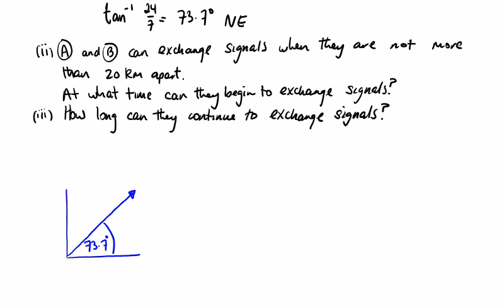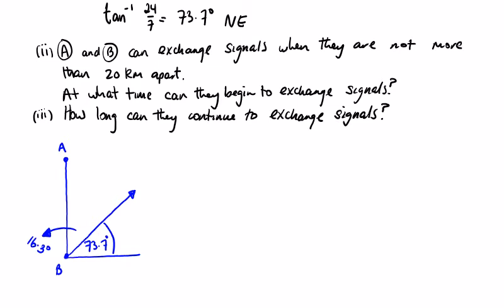They start off in this position. B here. No, A at the top, wasn't it? A was at the top, and B was here. So this angle, clearly not drawn to scale, is 16.3 degrees.